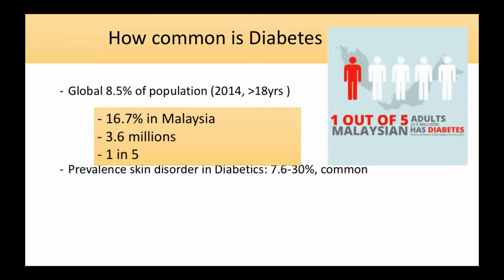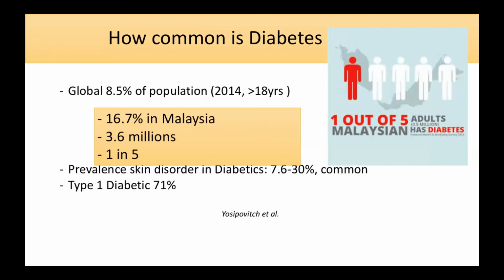On top of that, how common is skin disorder in diabetics? It ranges from about 7.6 to 30%. So it's pretty common. As we know, we have type 1 and type 2 diabetes. Surprisingly, in type 1 diabetes the prevalence of skin disorder is 71%, meaning if you have type 1 diabetes, you're prone to dry skin.